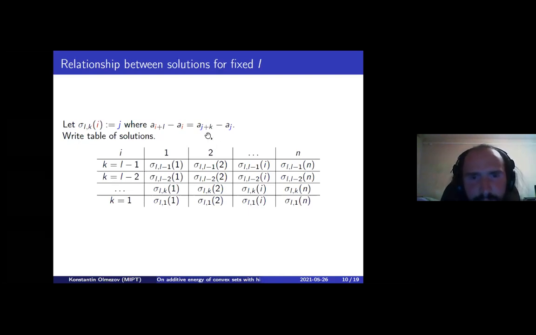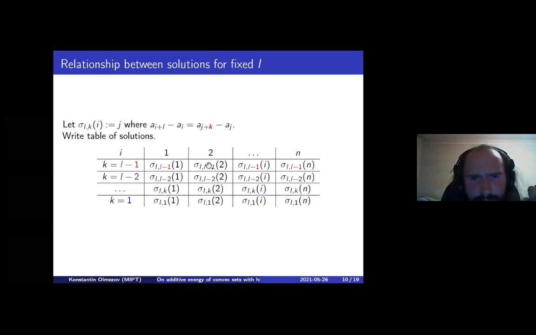These are two cases for each pair of I and K. And all these pairs are described in a table, and in each cell of the table we write a value of J.